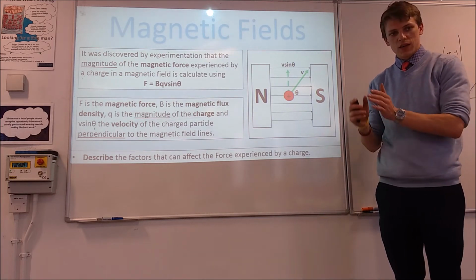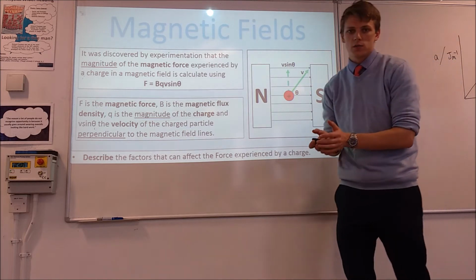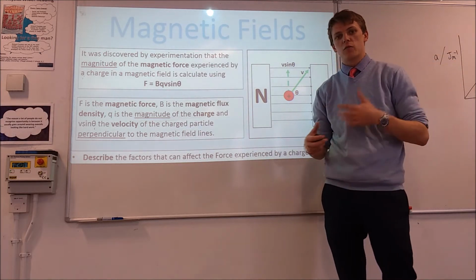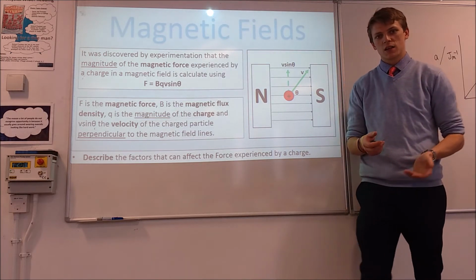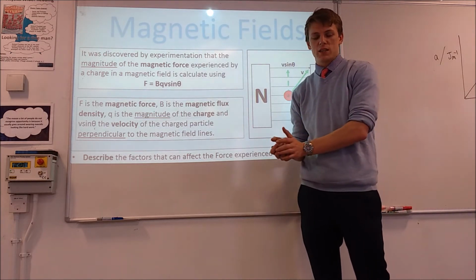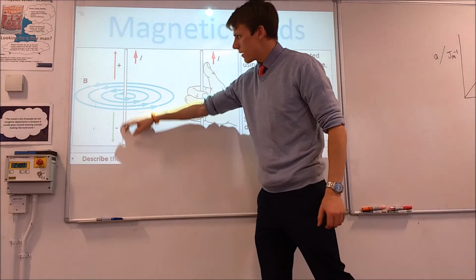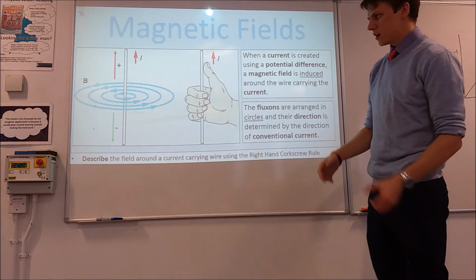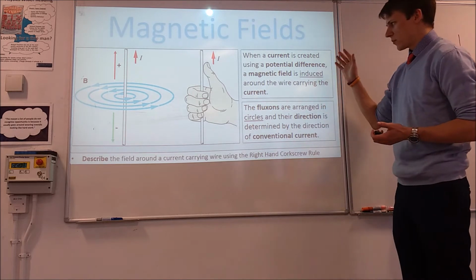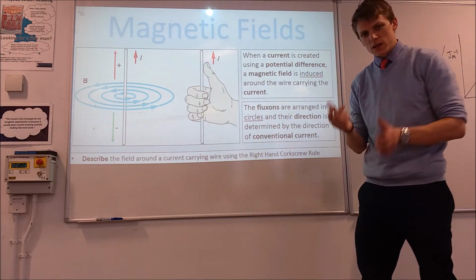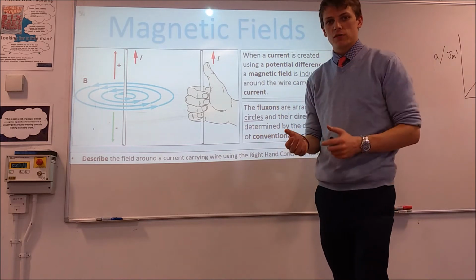Okay, so that finishes looking at individual charges. What we're going to do now is move on to look at lots of charges all moving in the form of currents in wires, and how that can apply to creating a motor. What we've got here is a wire carrying a current, and to have a current we must have applied a potential difference across our wire. We know current is the rate of flow of charge around a circuit.